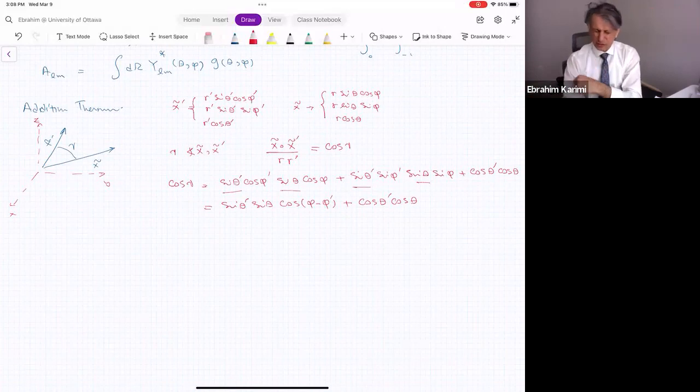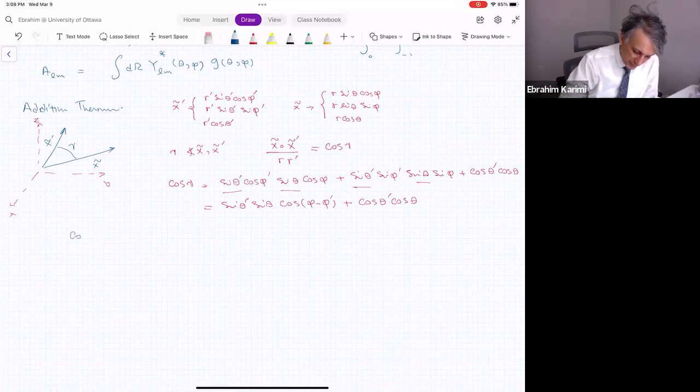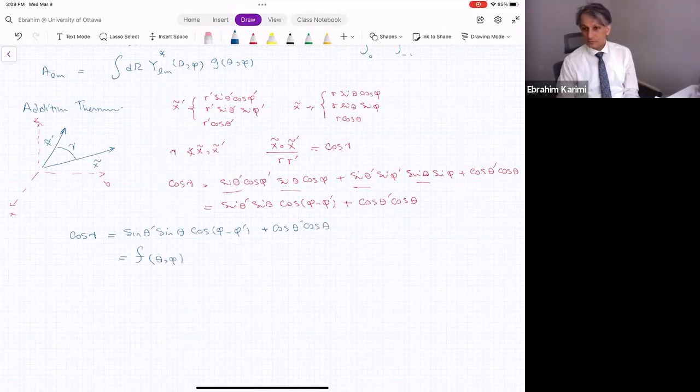One can also do it in cylindrical coordinates, and that will be a completely different question. But if you do the expansion, what you will see from this expression is that cosine of gamma, which is given in terms of sine of theta prime, sine of theta, cosine of phi minus phi prime, plus cosine of theta prime, cosine of theta, is essentially nothing more than a function of theta and phi, right?